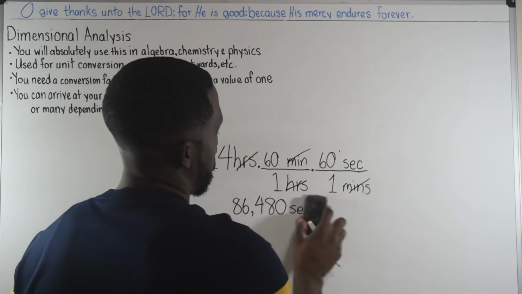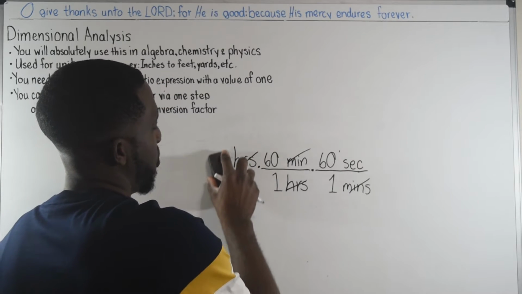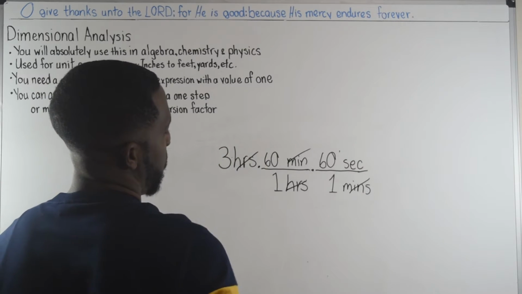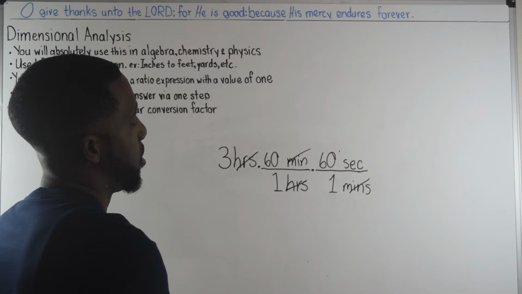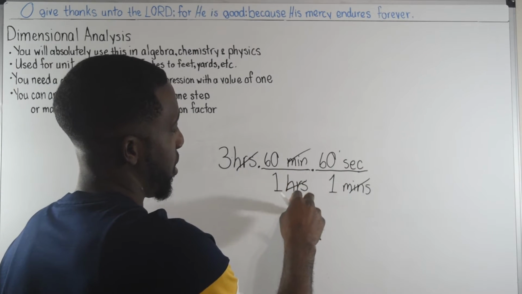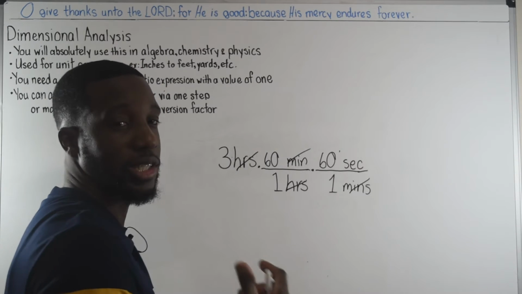Now let's look at this right here. Let's go back. Let's say 3 hours. Okay. In 3 hours, how many seconds are in 3 hours? All right. So remember, I had to do 2 steps right here, because off the top of my head, I didn't know how many seconds are in an hour.